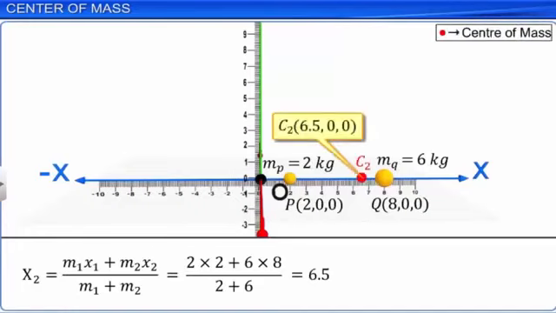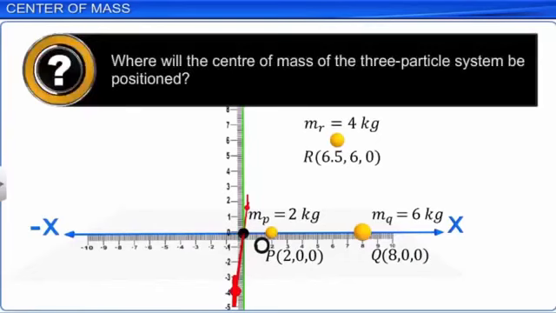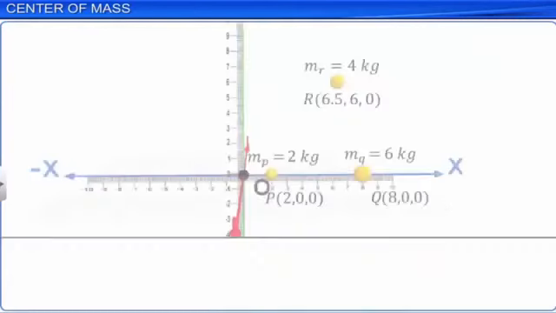If we place one more particle of mass 4 kg at point R (6.5, 6, 0), where will the center of mass of the three-particle system be positioned? The given set of particles are on the xy plane, and hence the center of mass also lies on the xy plane.